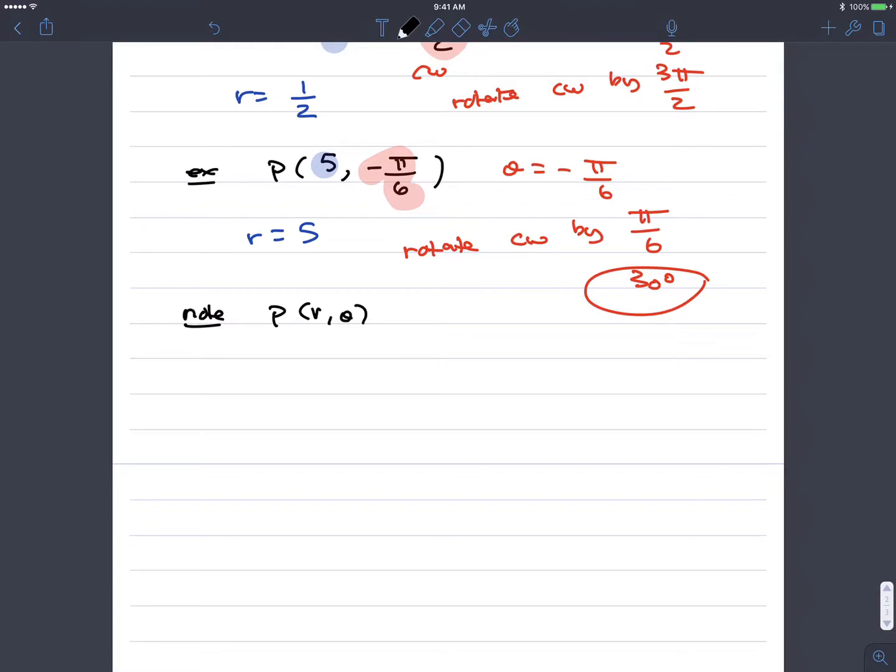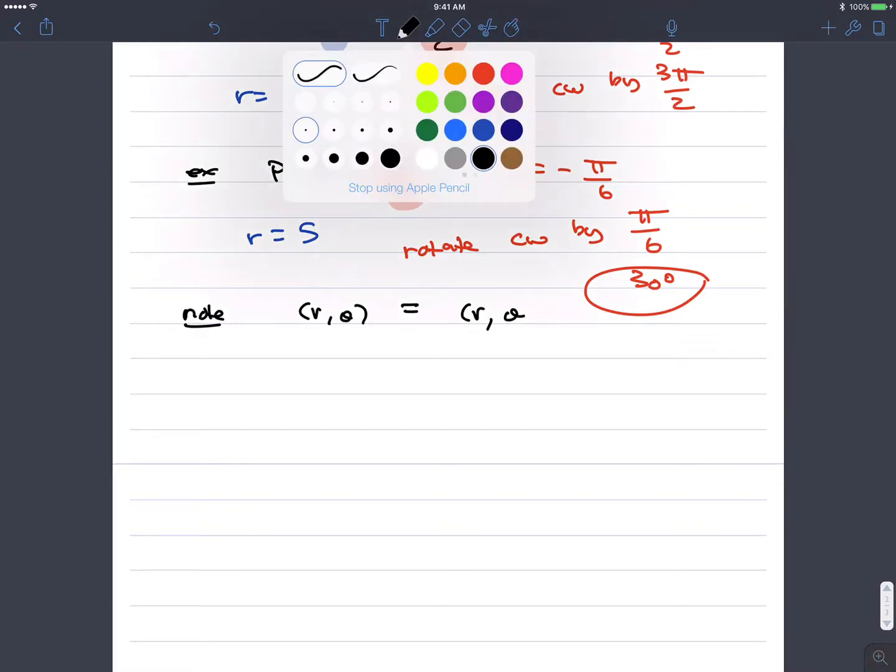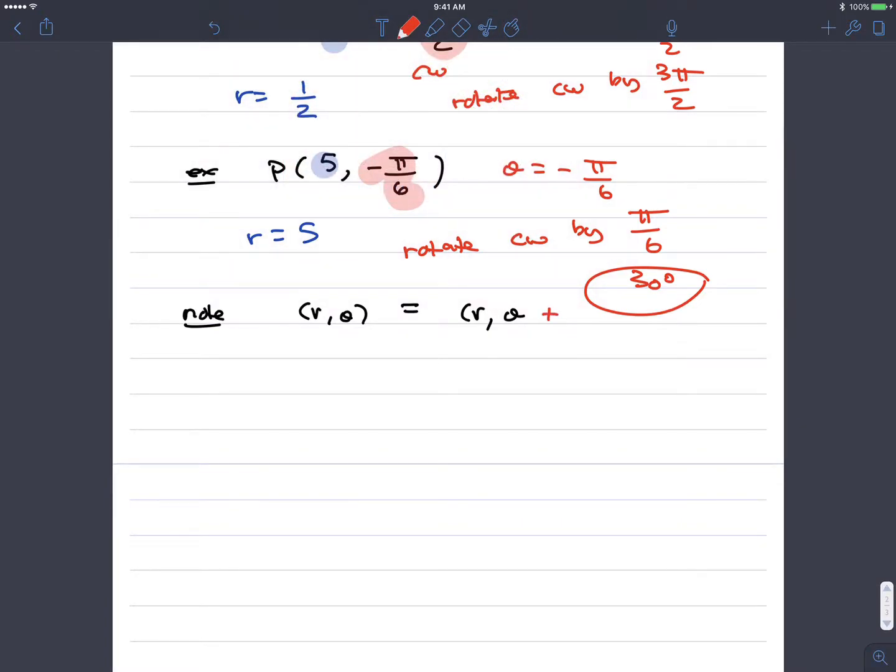That point r theta is equal to, and sometimes your book will say this, so this point is the same as r, theta plus, let's see if you guys are awake, plus what? 2n pi.